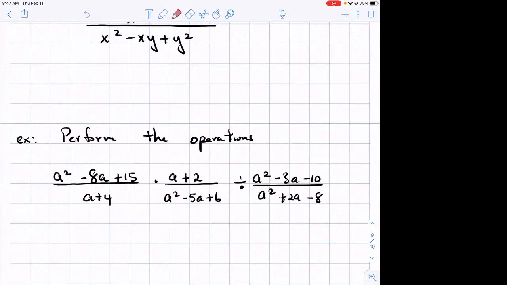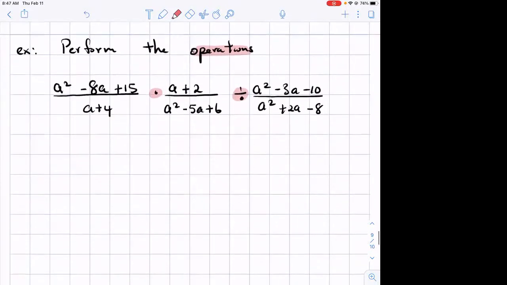Now the operations we're talking about are multiplication and division.